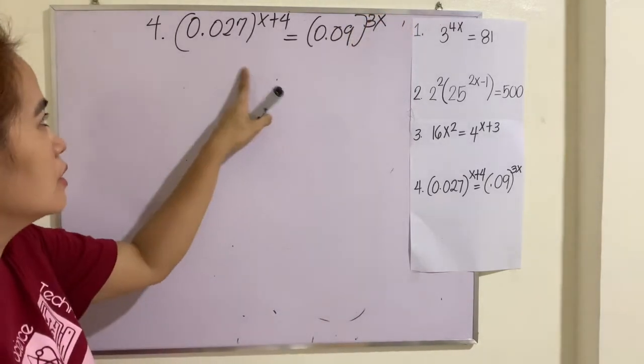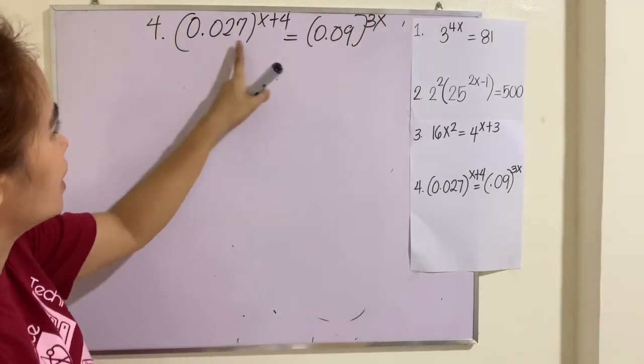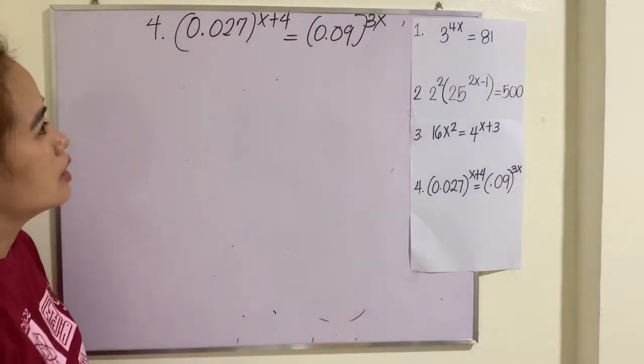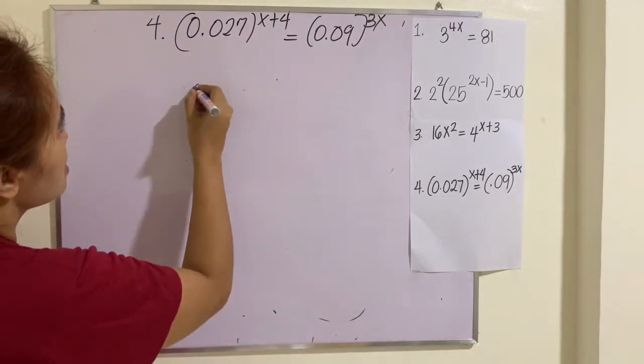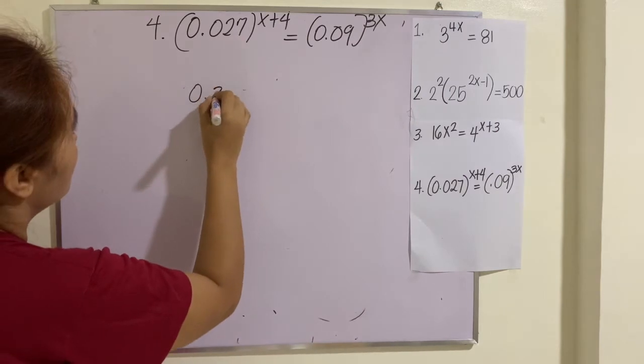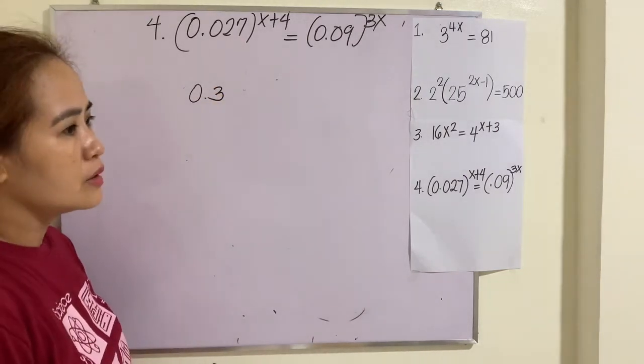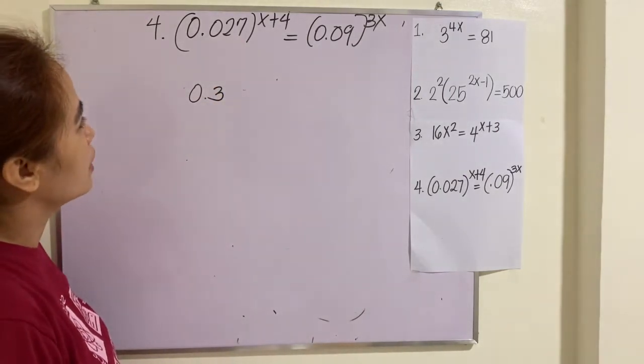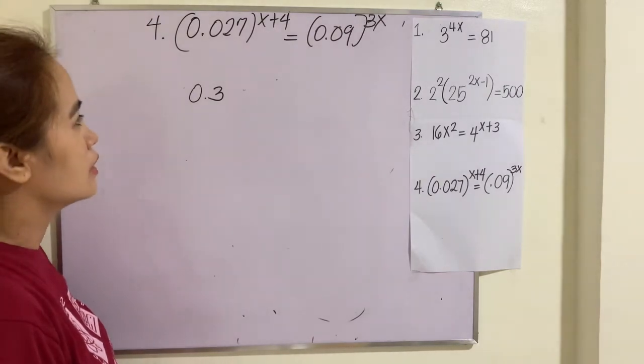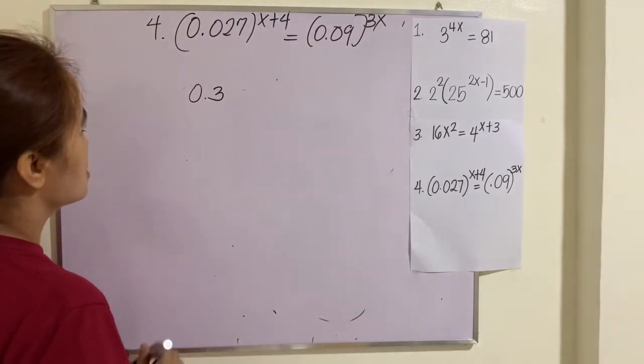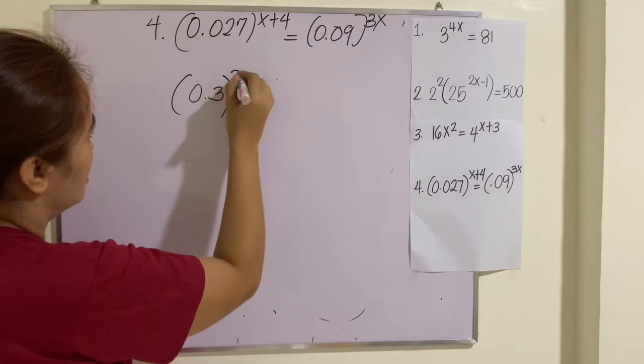Okay, so based on this, we can express this as base 0.3, because 0.3 times 0.3 times 0.3 is 0.027.